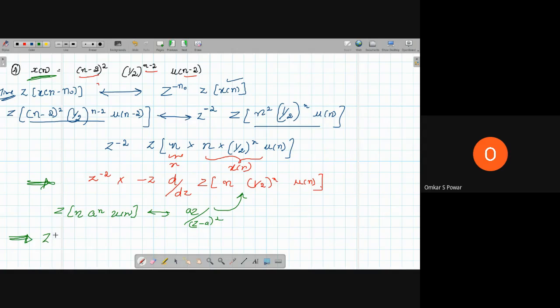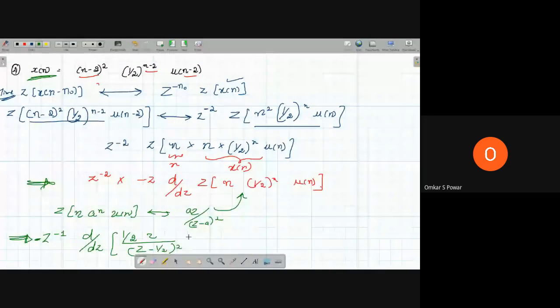Z to the power of minus 2 into minus z, I can write as z to the power of minus 1, minus outside, d by dz of, so observe here, a into z, where your a is half, into z divided by z minus half the whole square.